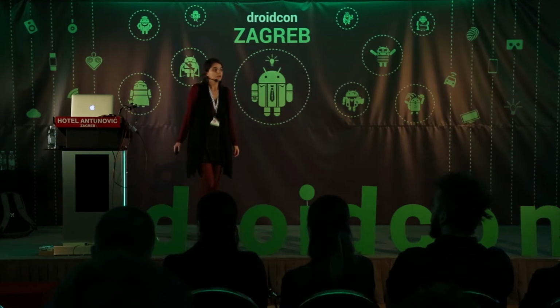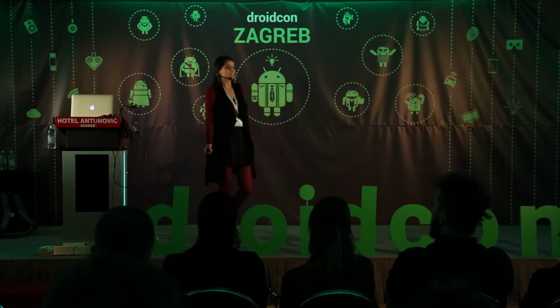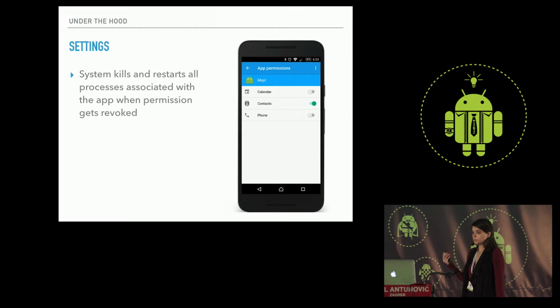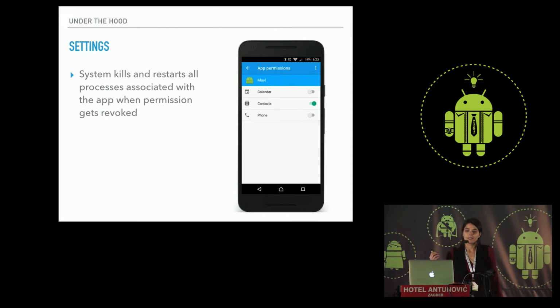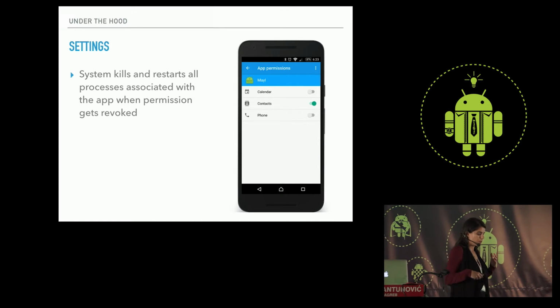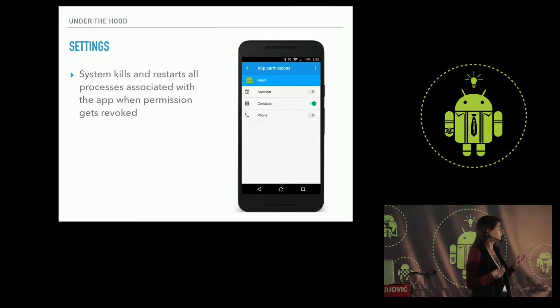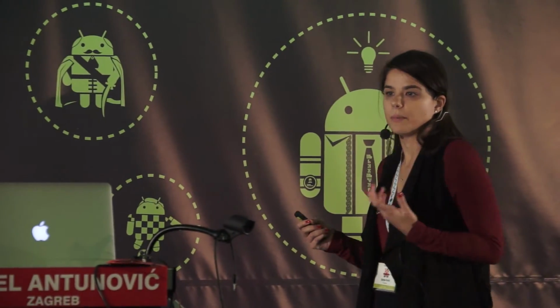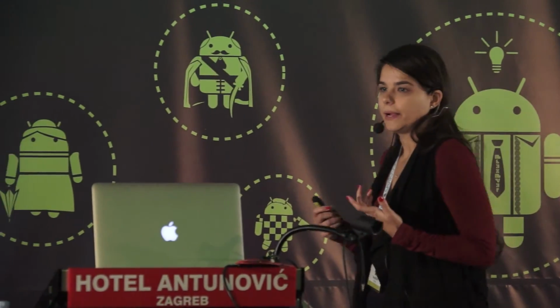Now let's see how interacting with permissions in settings affects your app lifecycle. If the user goes to settings and revokes some of your permissions, all processes associated with your app will be killed and restarted. That's not completely new. That can also happen if the system goes low on memory. So you might already be prepared.